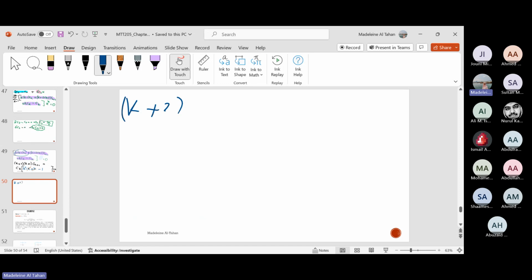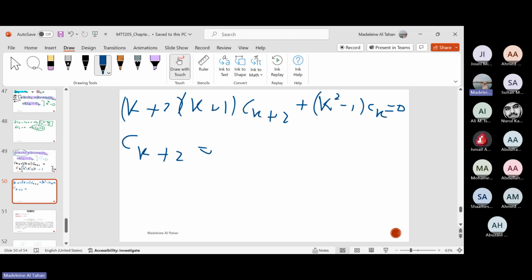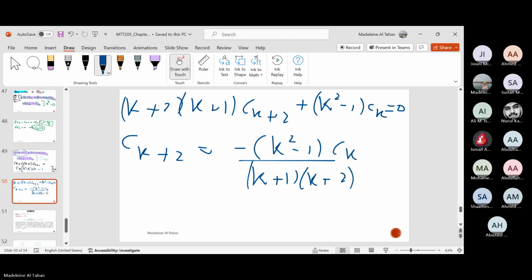So k plus 2 into k plus 1, ck plus 2, and plus k square minus 1, ck equals 0. Again, miss, we need to write ck plus 2 in terms of the other. So minus k square minus 1 ck over k plus 1 into k plus 2.